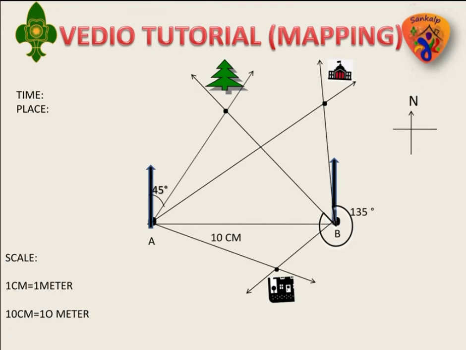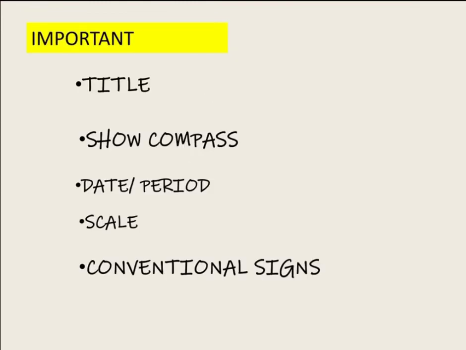There are various important things required while drawing the map. First, you have to mention the title. Title means the name you are going to give, the type of method you are using in mapping, or the area or selected place. Then show the compass; in every map it should always be in the north direction.